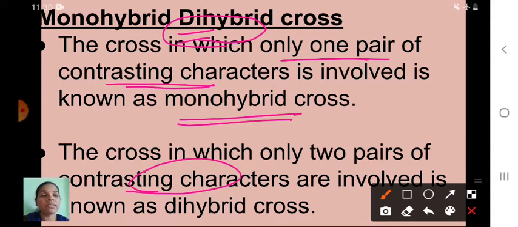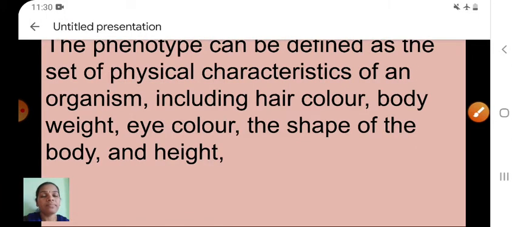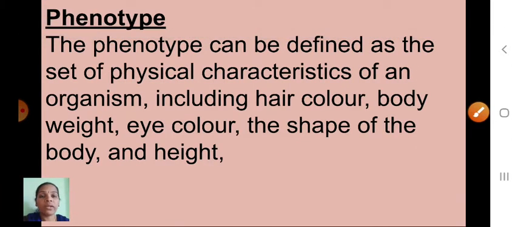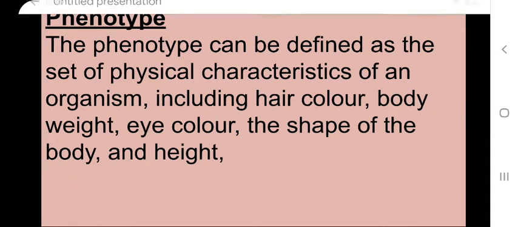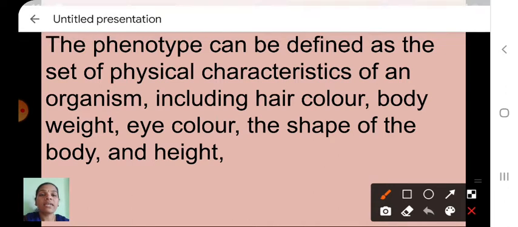Okay children, before that I would like to explain some terms: phenotype and genotype. What is meant by phenotype and what is meant by genotype? Phenotype is a scientific word.